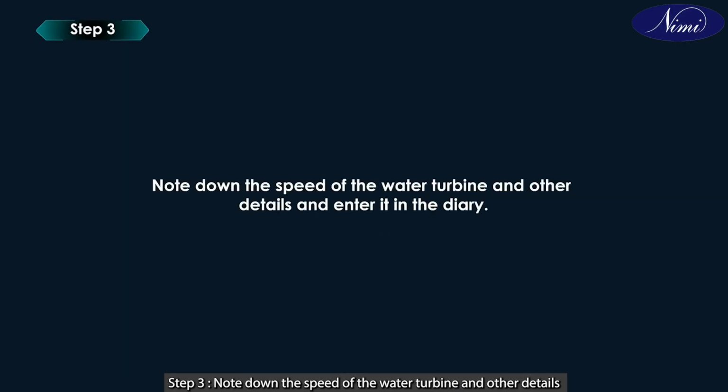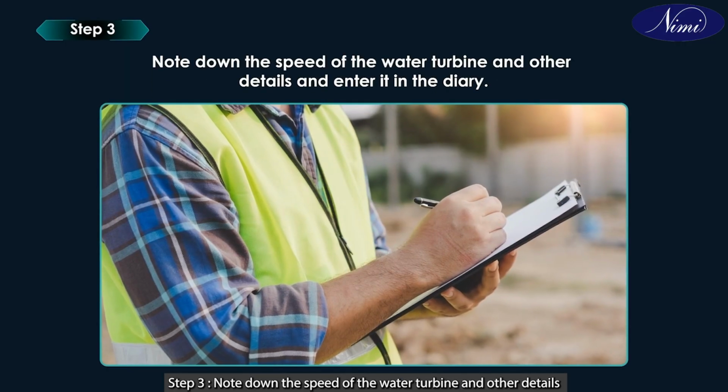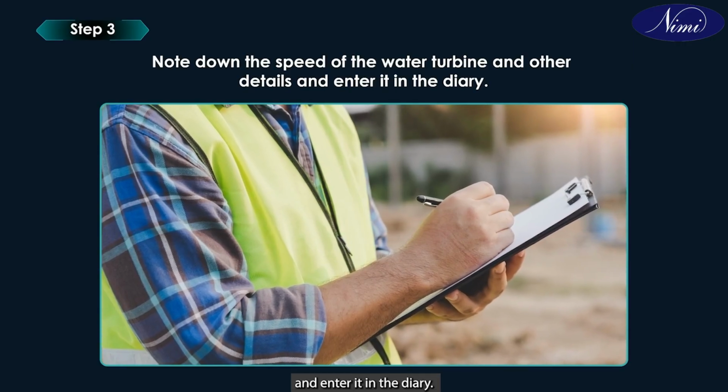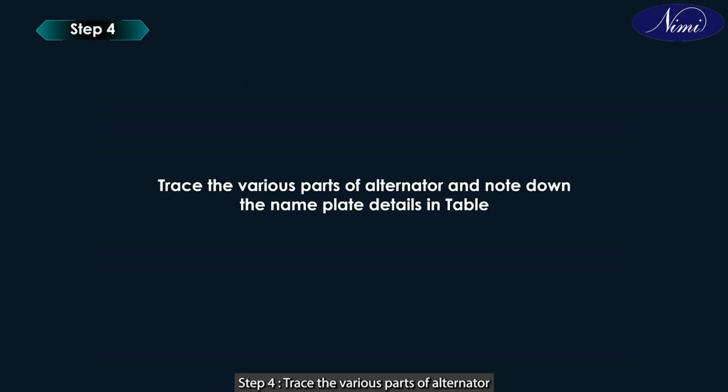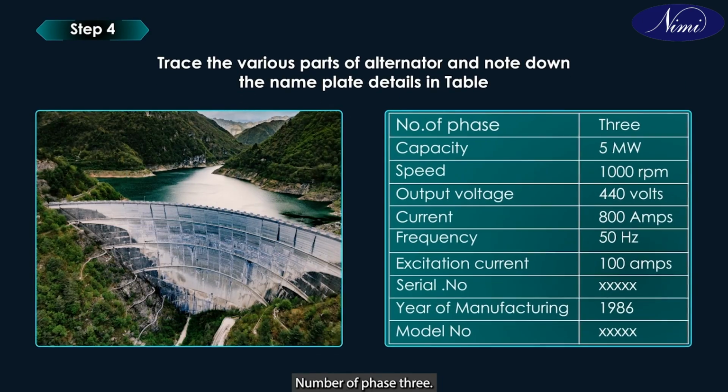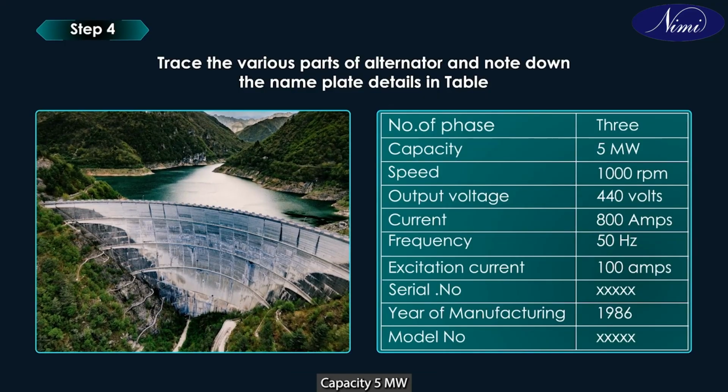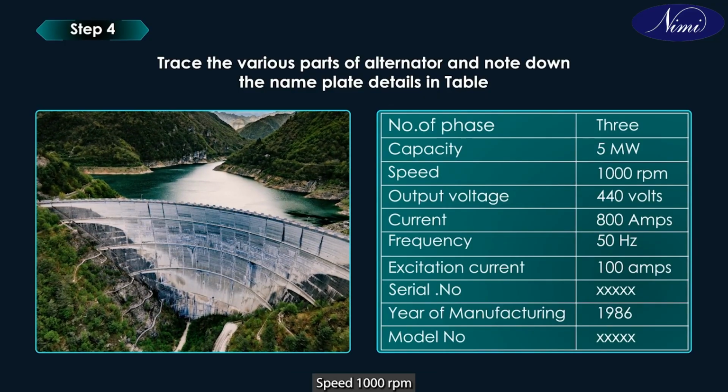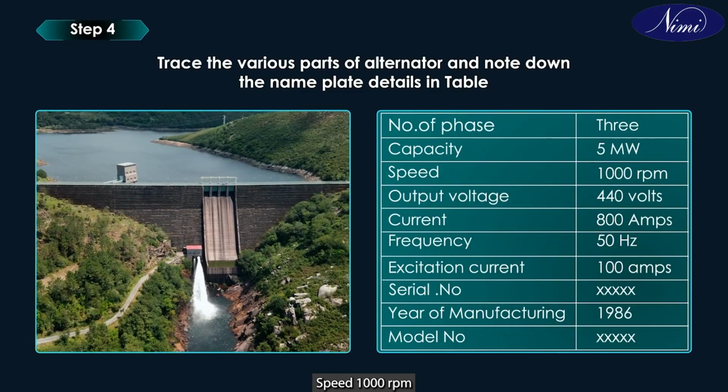Step 3. Note down the speed of the water turbine and other details and enter it in the diary. Step 4. Trace the various parts of the alternator and note down the nameplate details in a table. Number of phases: 3. Capacity: 5 megawatts. Speed: 1000 revolutions per minute.